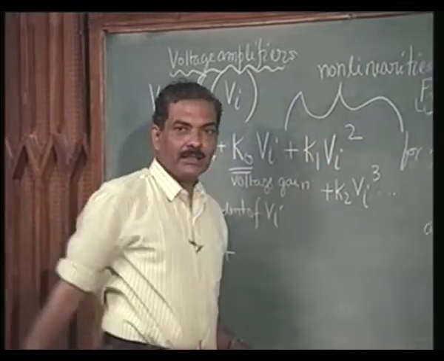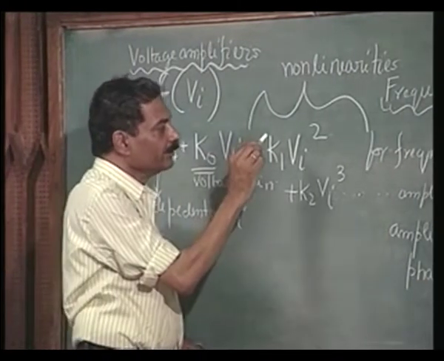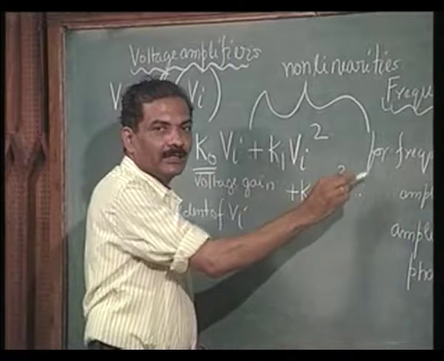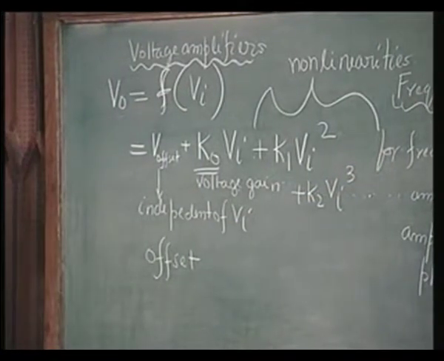terms which are non-linear terms, Vi squared, Vi cubed, and so on. Now, in a good amplifier, what should happen?